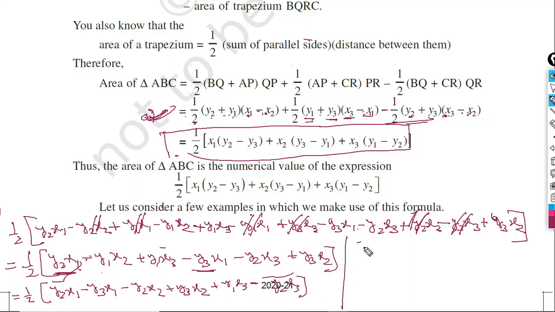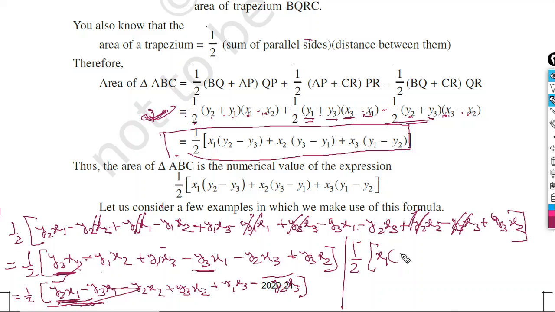Now you can see here you can take x1 common, so y2 minus y3 will remain.